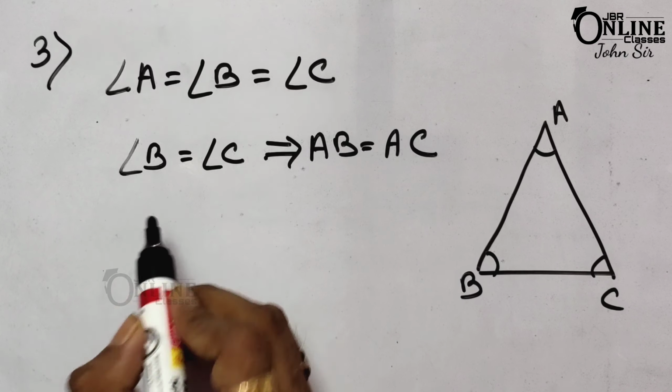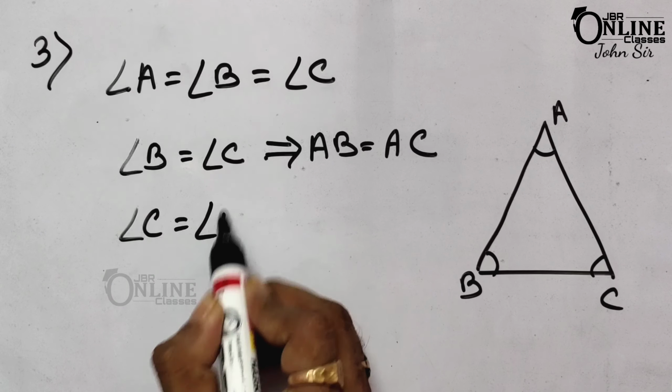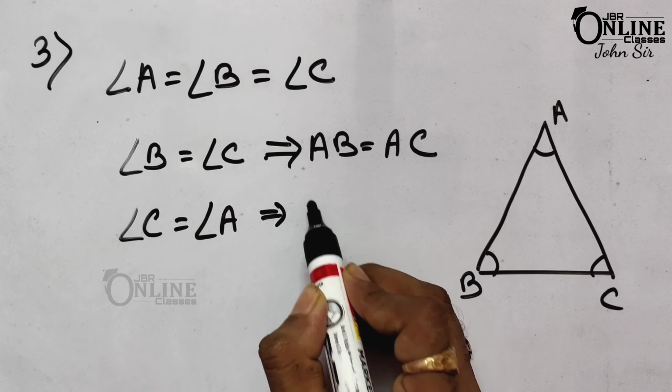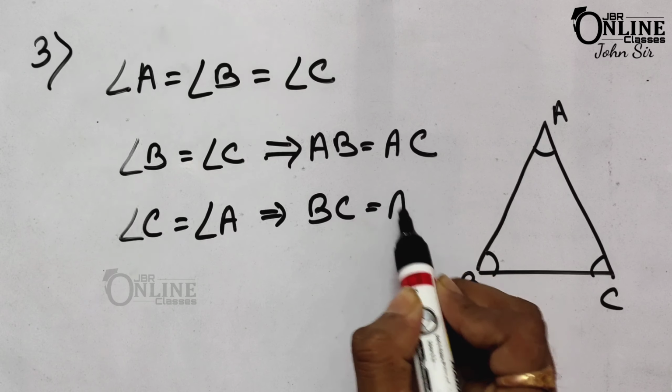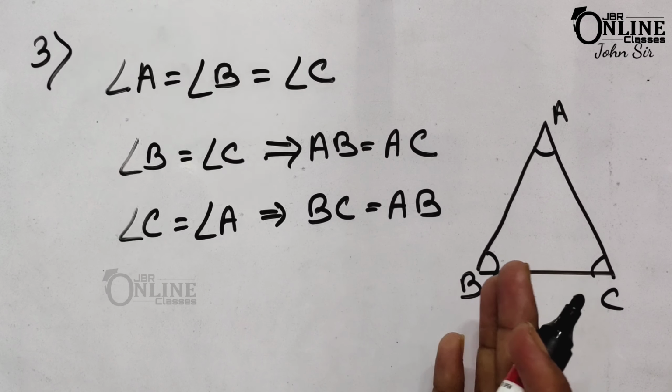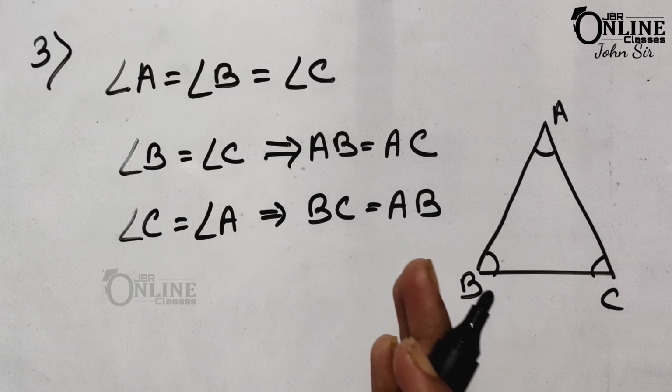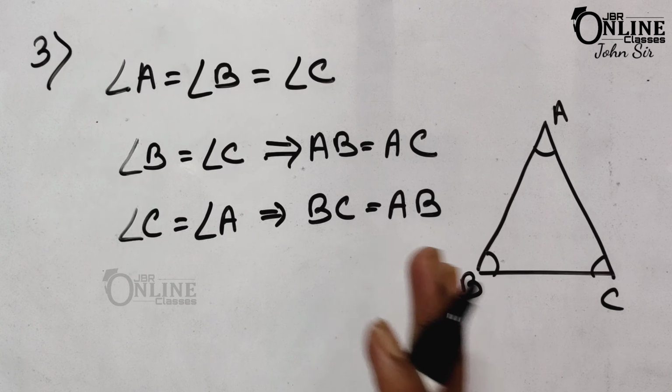Clear? Now similarly, if angle C equals angle A, then definitely BC equals AB. Same reason, the sides opposite to equal angles will always be equal.